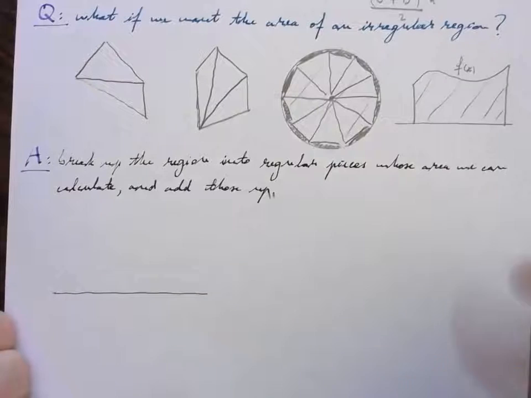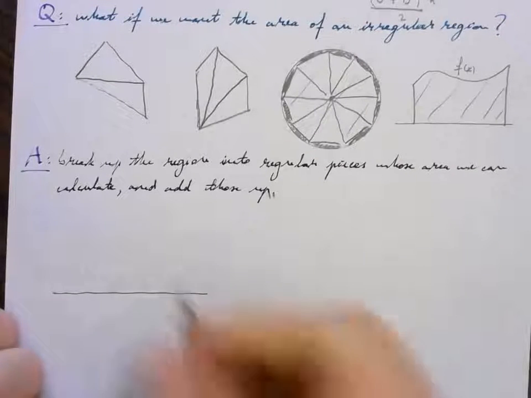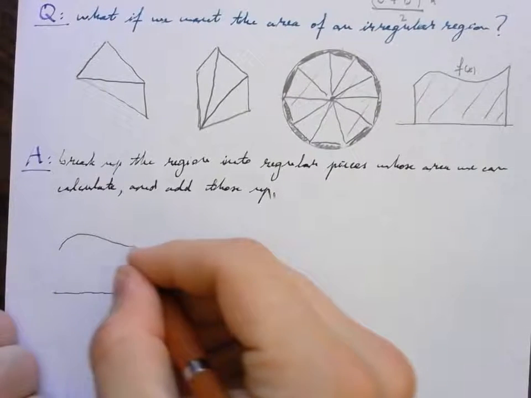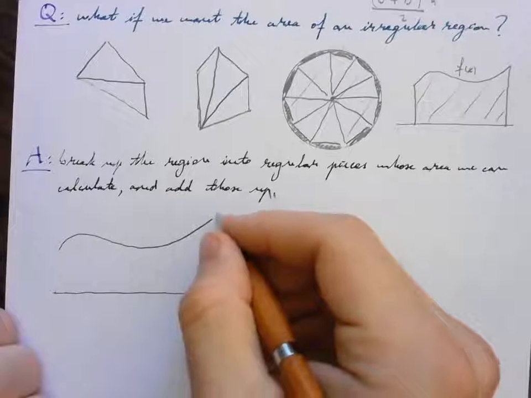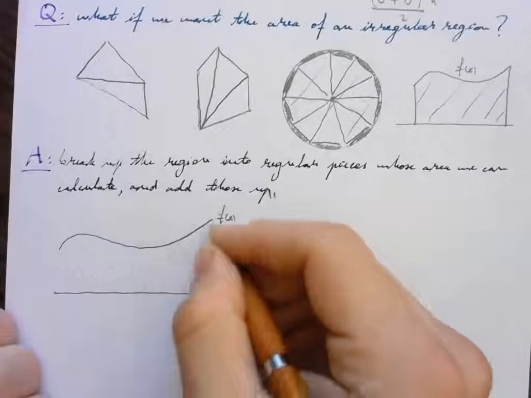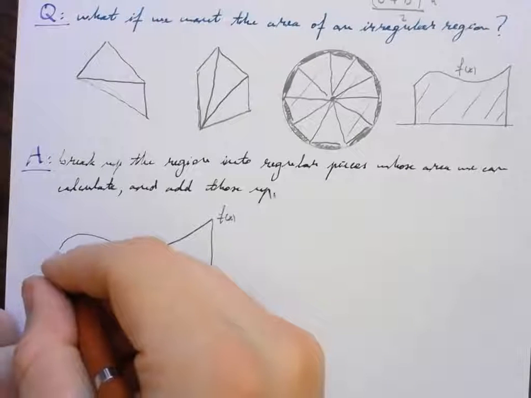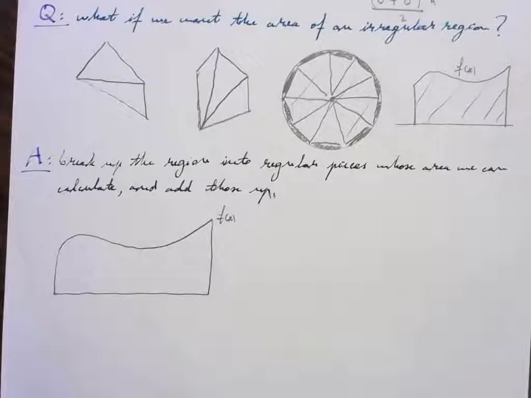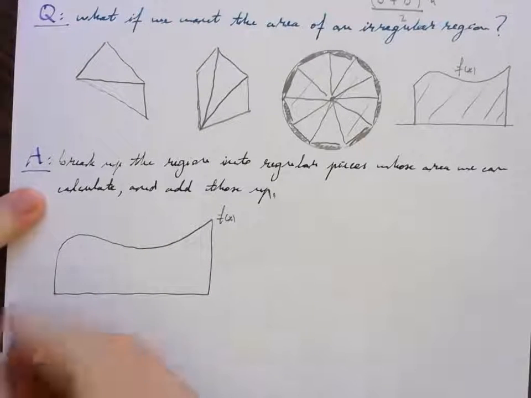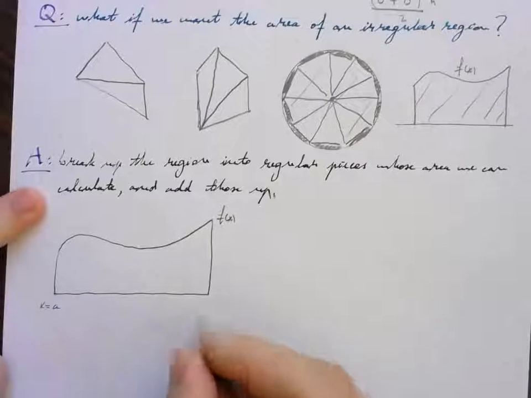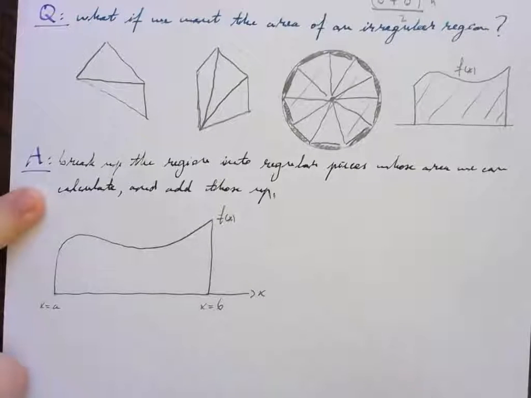So let me draw it a little bit larger here. Let's say that this is some function f of x, and I'm looking at the region between its graph and the x-axis from some x equals a to x equals b. So imagine that this is the x-axis here.